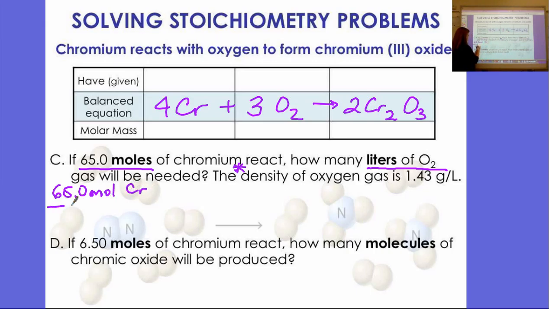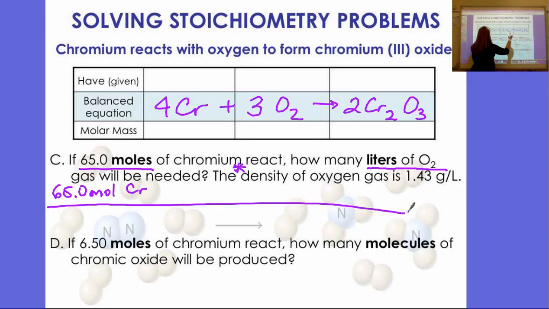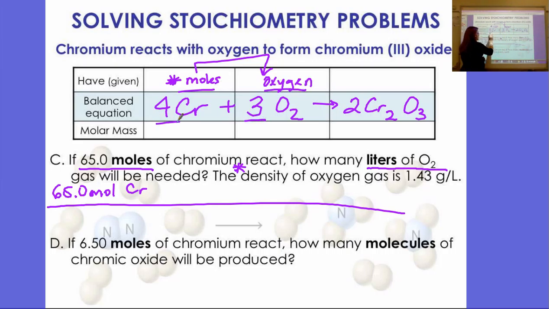65 moles of chromium. I'm right here in moles. And I want to get to liters of oxygen. So somewhere, because I'm swapping from chromium to oxygen, you know you're going to have to use this ratio now.